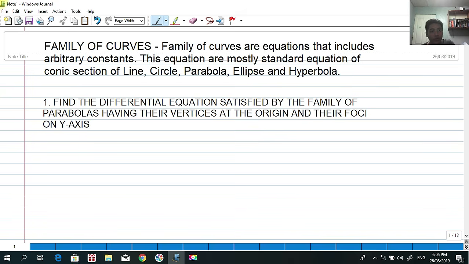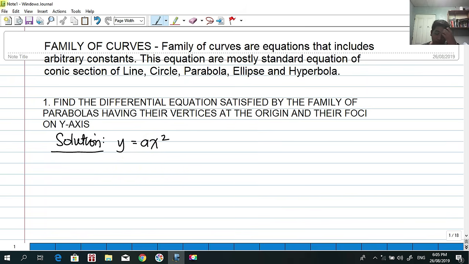If the vertices are at the origin, it means it doesn't have h and k. And their foci are on the y-axis. So, do you agree that in order for us to solve this problem, we have this equation? This condition is represented by the equation y equals ax squared, where a is any constant.